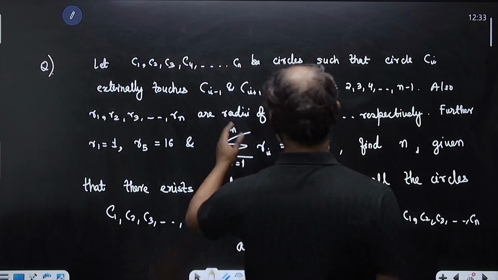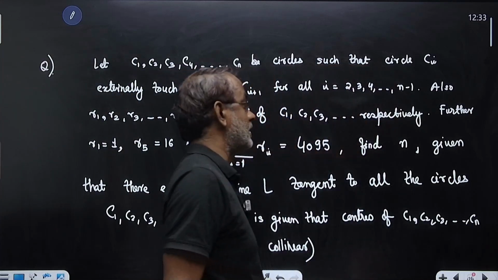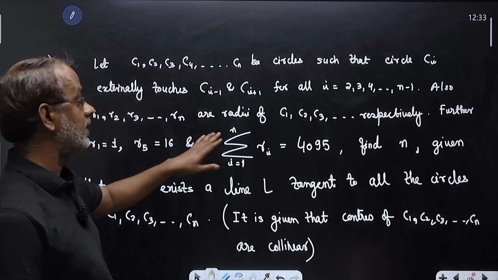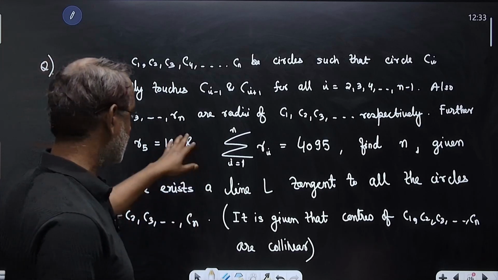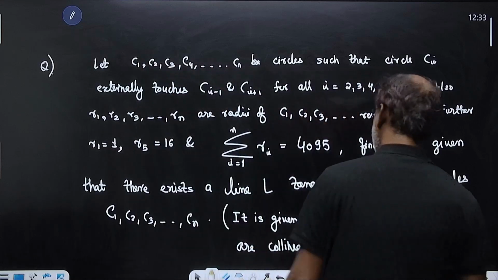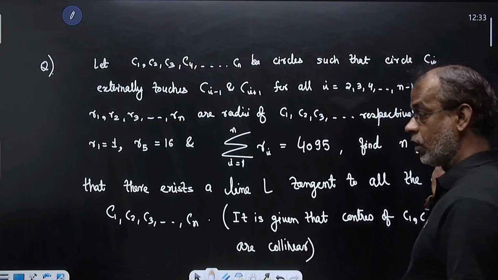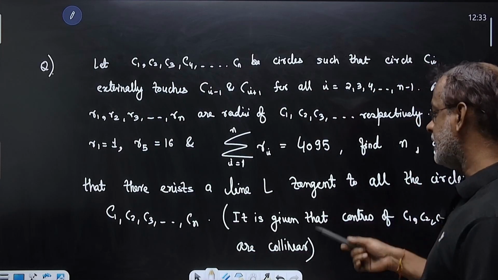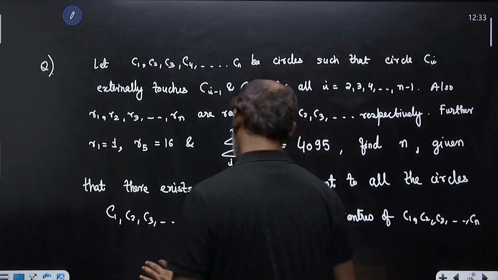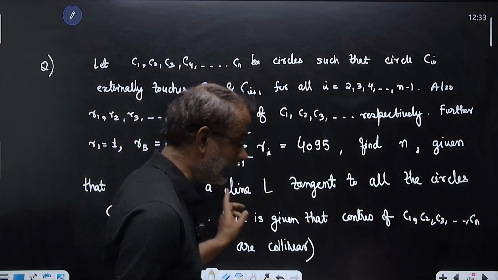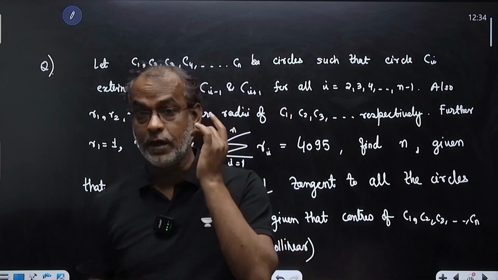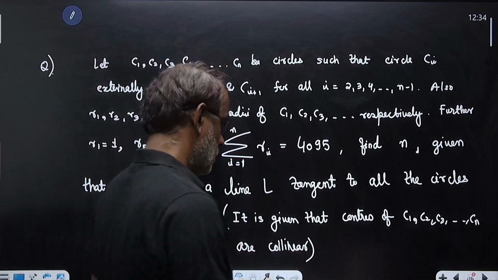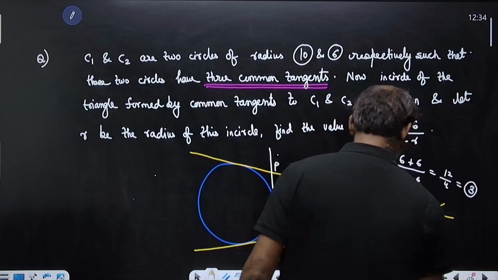Cn minus 1 touches Cn minus 2 and Cn externally. Further, you are given radii of two of these circles, you are given the sum of the radii, and you have to find the number of circles. What other data is provided? That there is a line which is tangent to all the circles, and centers of these circles are collinear.